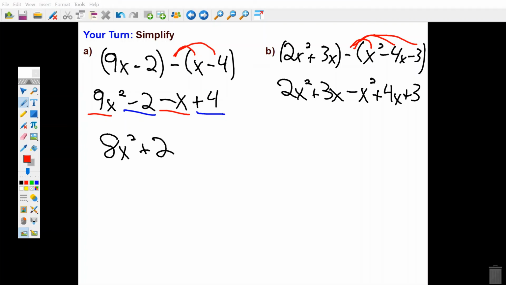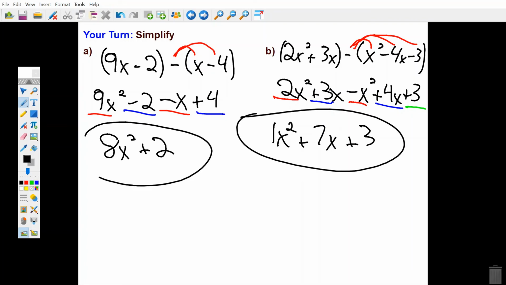Now we can gather our like terms. Two x squared minus 1x squared, so 2 minus 1 is 1x squared. 3 plus 4 is 7x. And then we have a negative 3 with nothing to combine it to, so it will stay as positive 3. And there are your two answers.